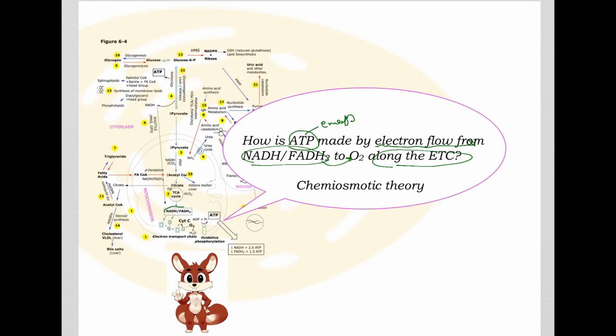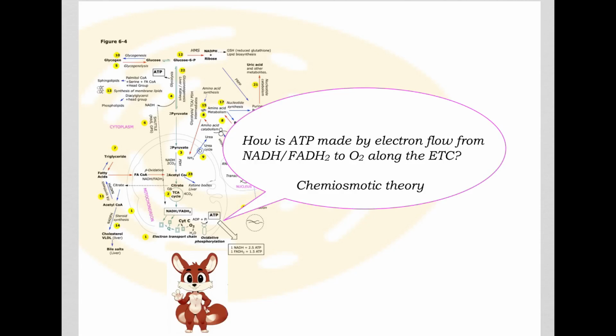So NADH and FADH2 are the two carriers of electrons. They will transport these electrons to oxygen, and as these electrons flow, the question is, how does this electron flow couple to the formation of ATP?